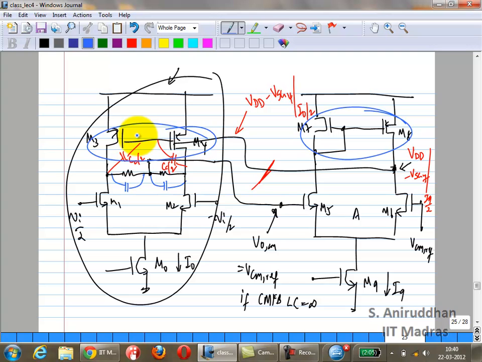What you're trying to do is get rid of systematic offsets or systematic mismatches by creating replicas of some particular transistors. Replicas in terms of current density. That itself is good enough. So several different kinds of circuits use this. We'll actually look at one more type of circuit which uses this.